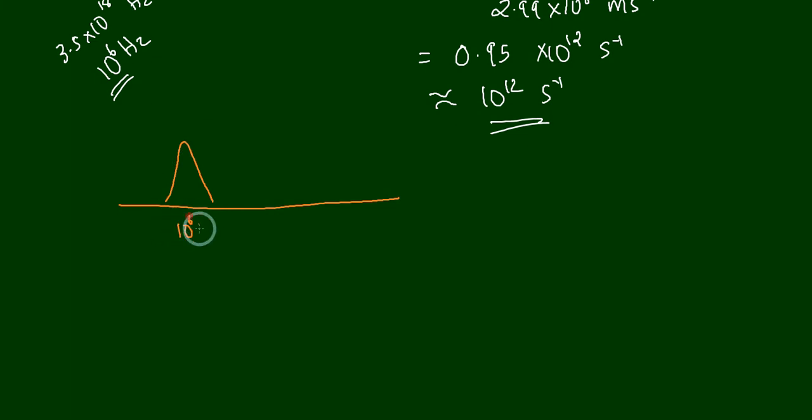And because of the Doppler shift, it has shifted by 10 raised to 12 hertz. So it is not falling anywhere in this line width. It will be falling at a lower frequency, somewhere here. The shifted frequency is because of the Doppler effect.